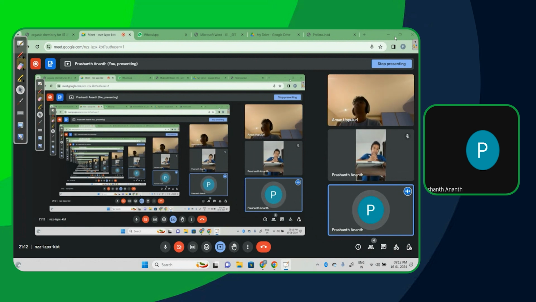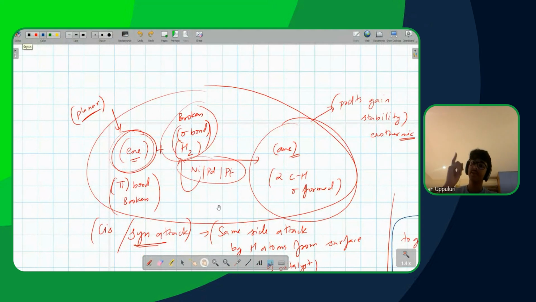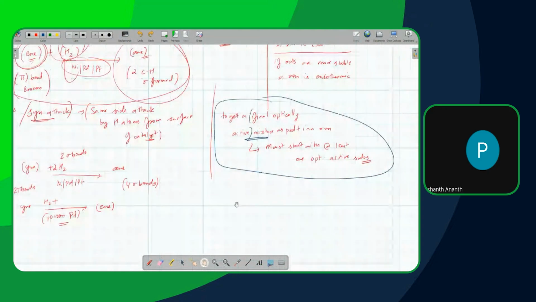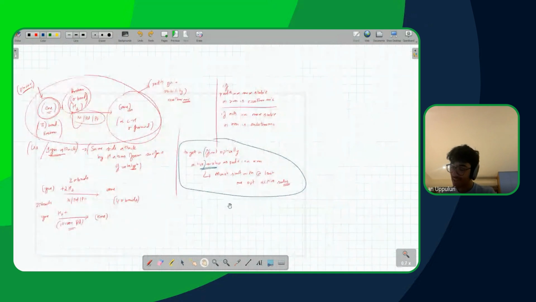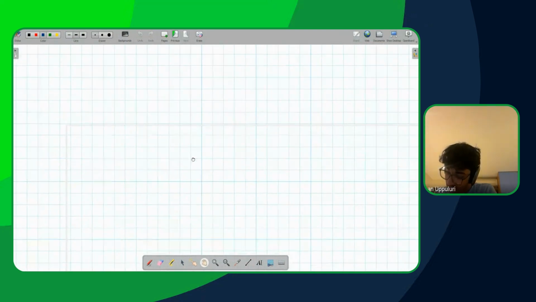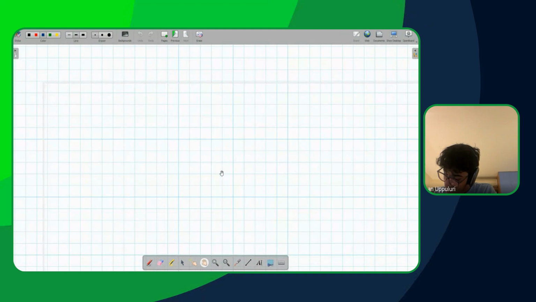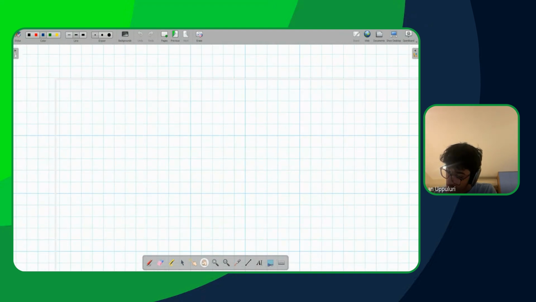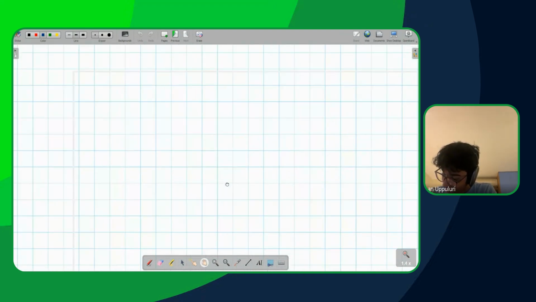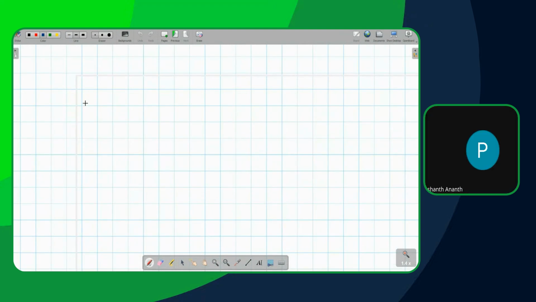Let's take a compound like that and discuss it. I'll tell the name. 1, 2, 3, 4. 4 methyl, 4 ethyl.